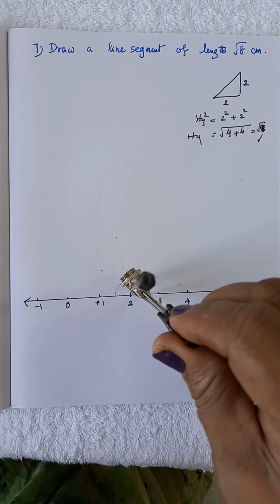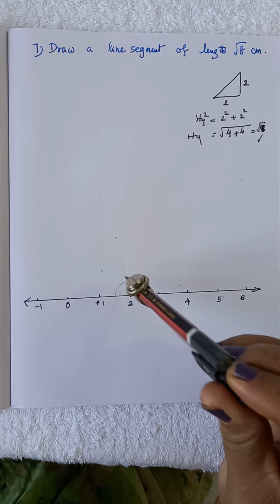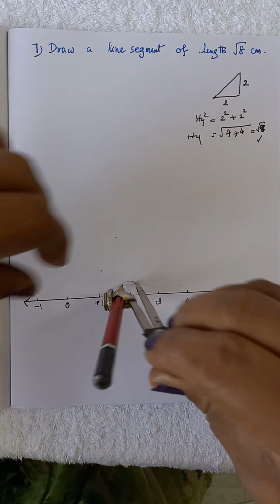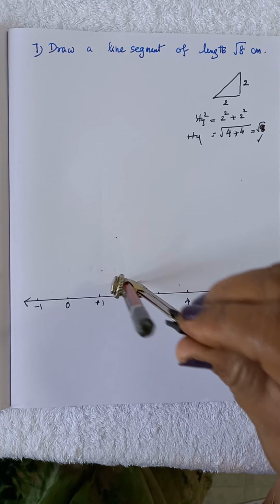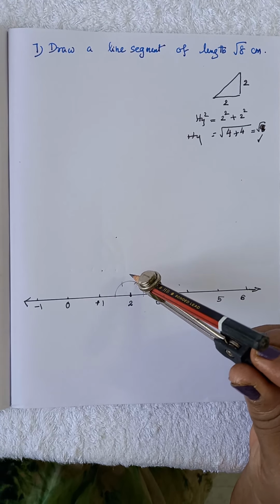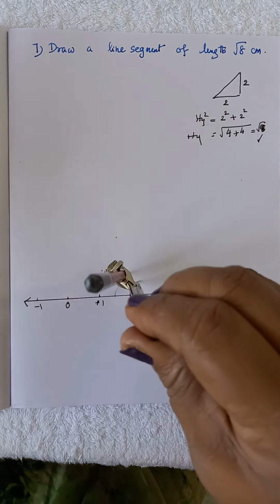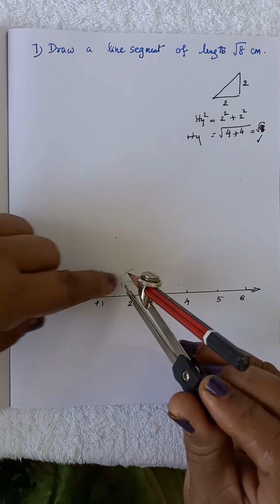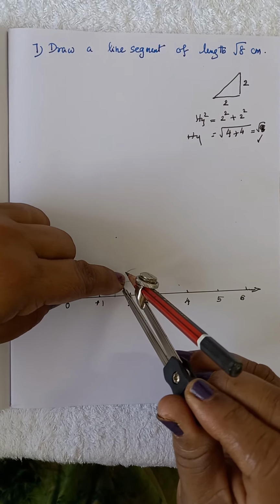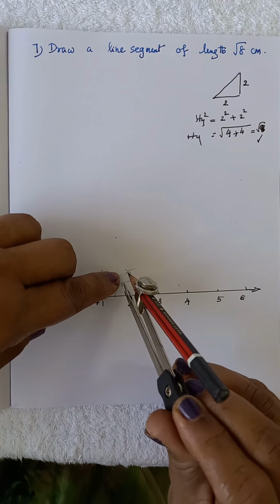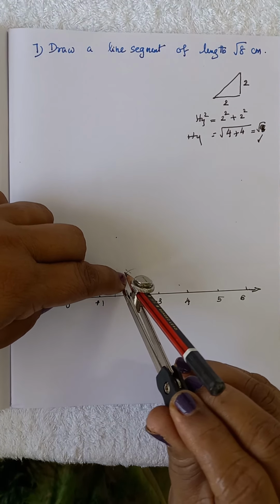And then from here draw an arc cutting the first arc, then again one more arc from that intersecting point. Then from here draw a small arc above 2, and from the second intersecting point also draw a small arc intersecting that, also above this point 2.